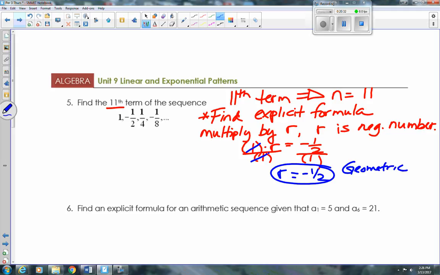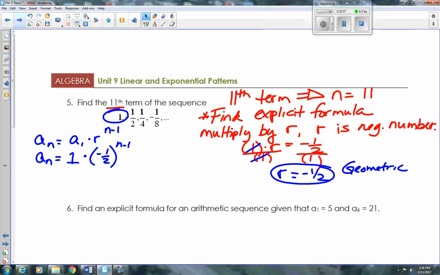I know this is a geometric sequence. So I'm going to find my explicit formula using a subscript n equals a1 times r to the n minus 1. And I'm going to substitute a1. a1 is my first term, 1, times r value of negative 1/2 to the n minus 1 power. All right, knowing that now, I want to find the 11th term.